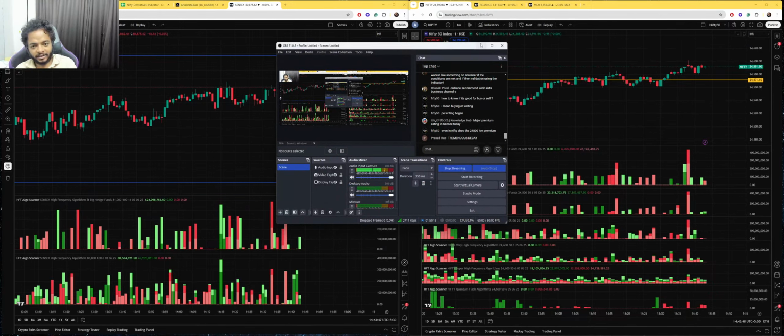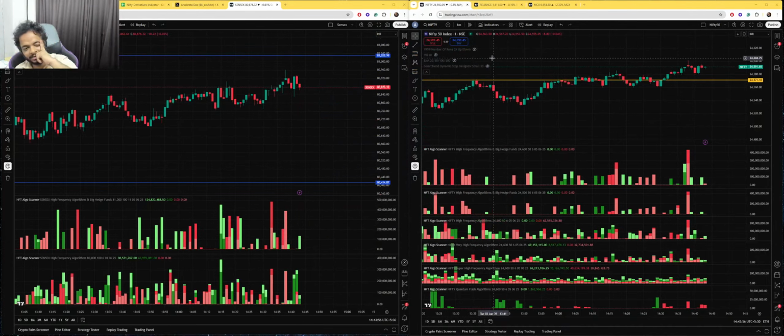Yeah, tremendous decay because the options were too much inflated. After 1 p.m., like the balloon has burst.